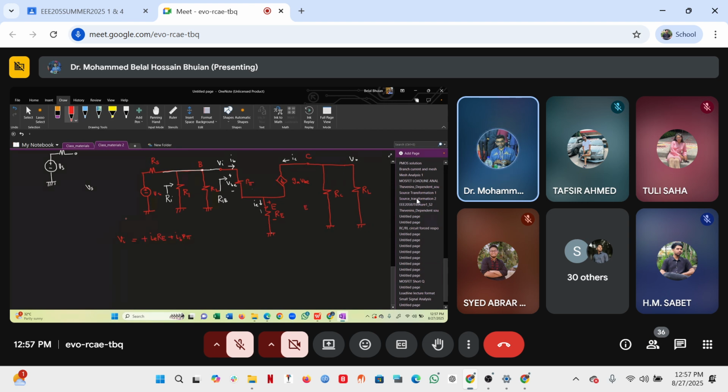So that gives us IB R pi plus IE RE. Since the BJT is operating in the active region, I can relate IE and IB as IE equal to 1 plus beta IB. So it becomes IB R pi plus 1 plus beta IB times RE.